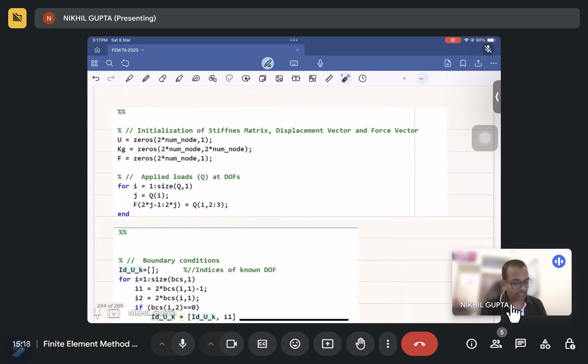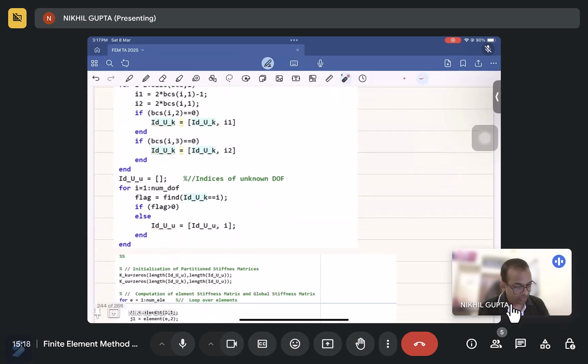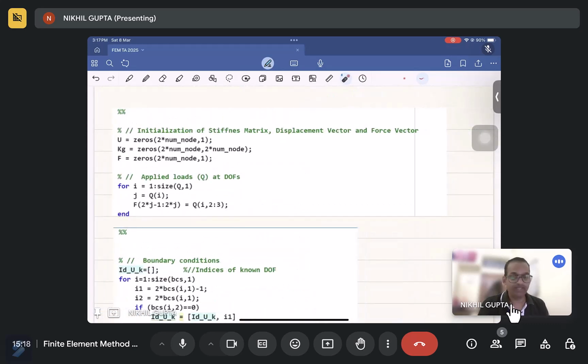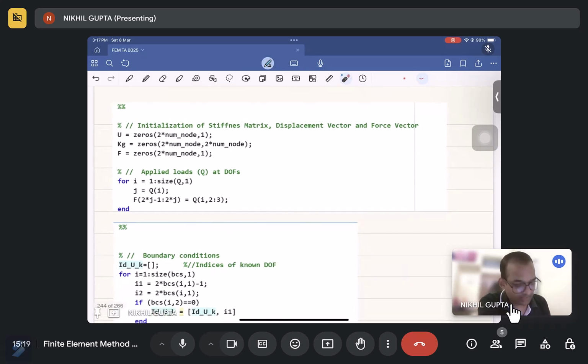So till now we have given all the inputs which are given in the problem. Now we have to initialize the problem variables for solving the problem. Initially we are initializing u, k, g and f. The purpose of initializing these as 0 is that when MATLAB gets the defined size of the variable, it works very fast.